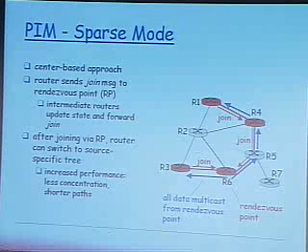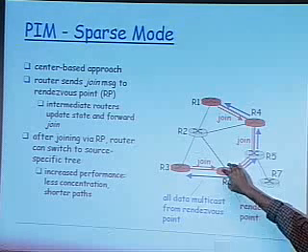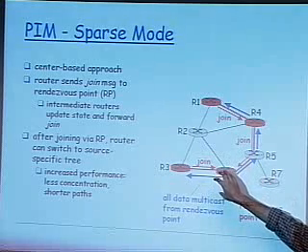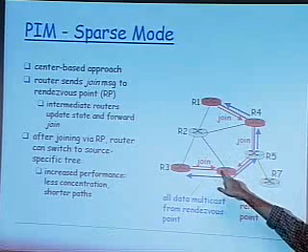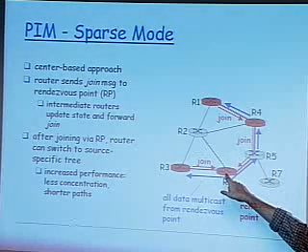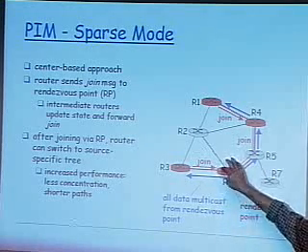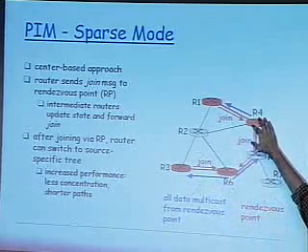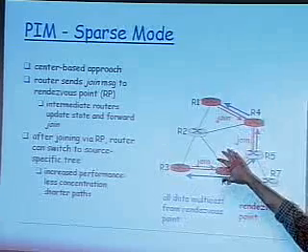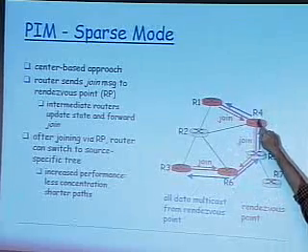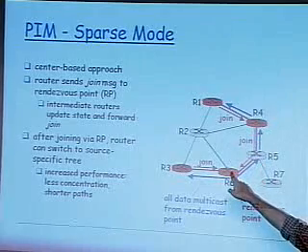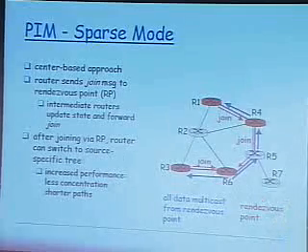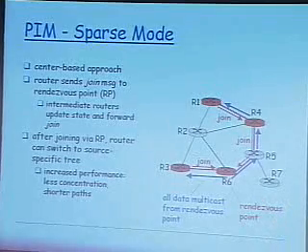In the core based approach, you had a single rendezvous point which let you join this multicast group, and also data delivery was done through this rendezvous point. This rendezvous point let you join, and whenever any node wanted to send a message out to the multicast group, it would send a unicast packet to the rendezvous point, and then the rendezvous point would send the packets across the tree.